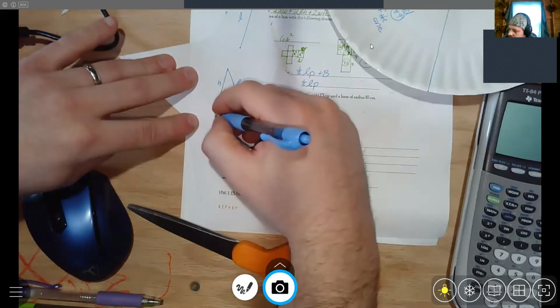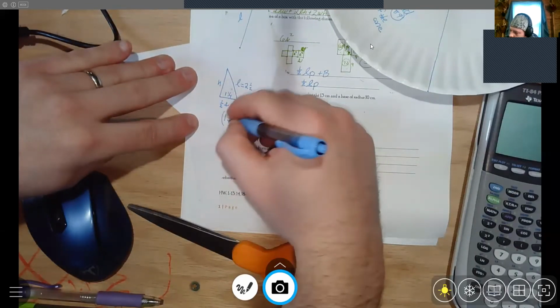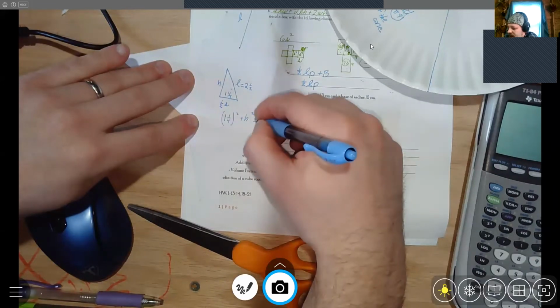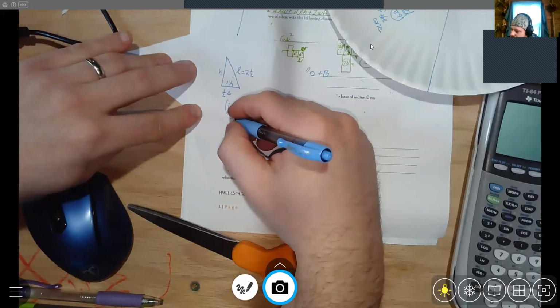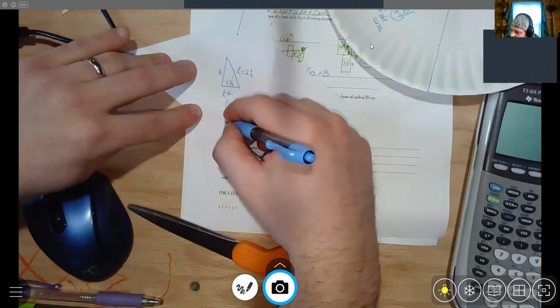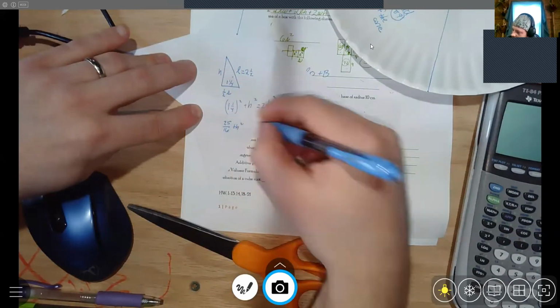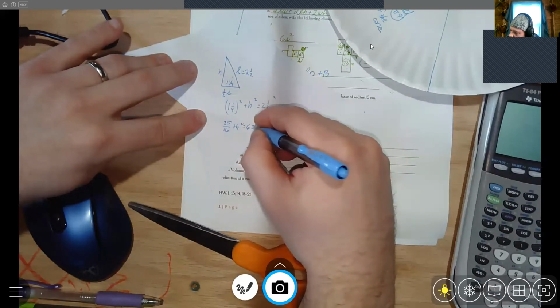So using Pythagorean theorem, 1.25 squared plus h squared equals 2.5 squared. So that's 25/16 plus h squared equals 6.25.